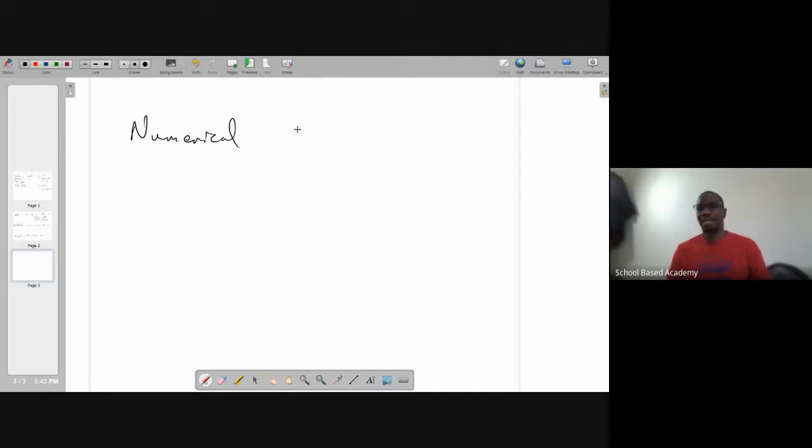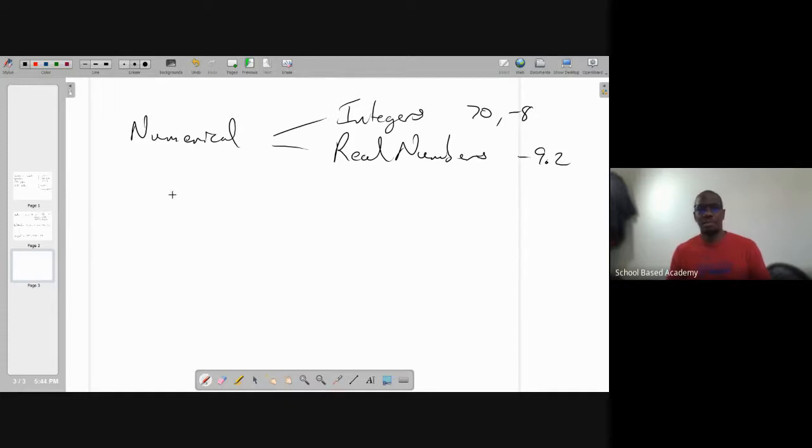Numerical data types include our integers, which are whole numbers, and our real numbers, which are floating point values, like minus 9.2, whereas integers are 70 or 8 or minus 8, be it the case. We have our character data type.